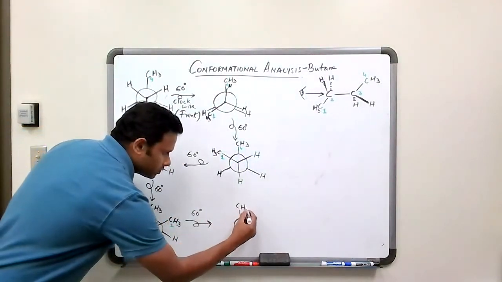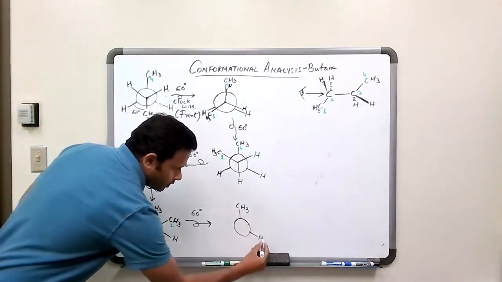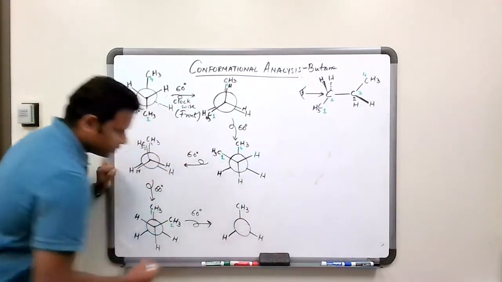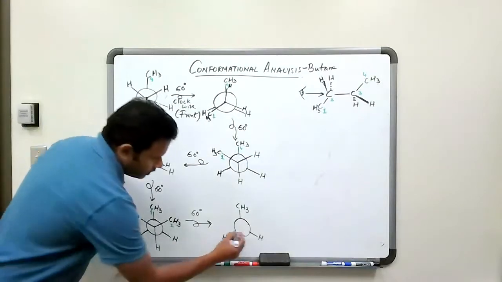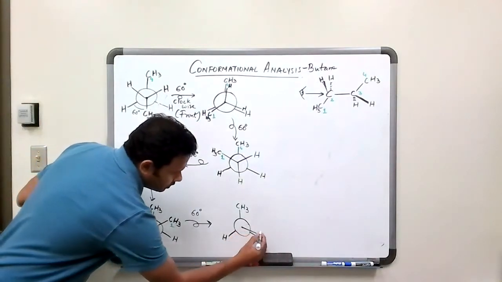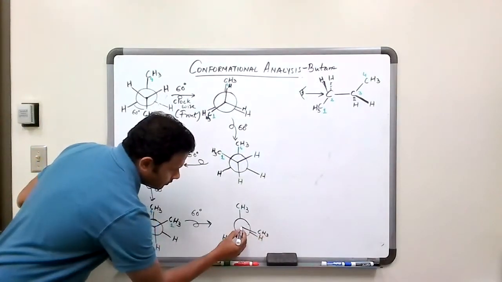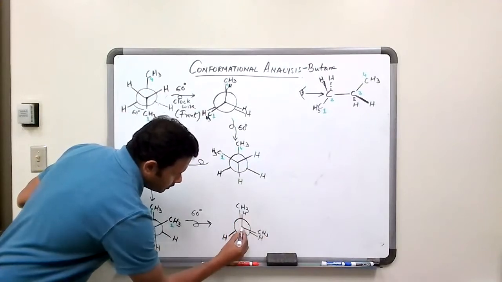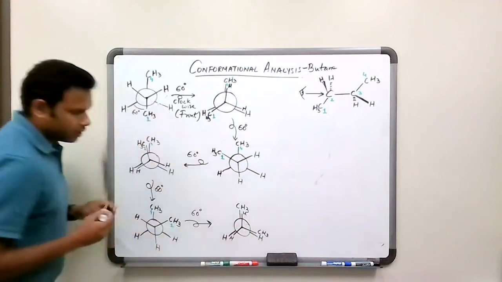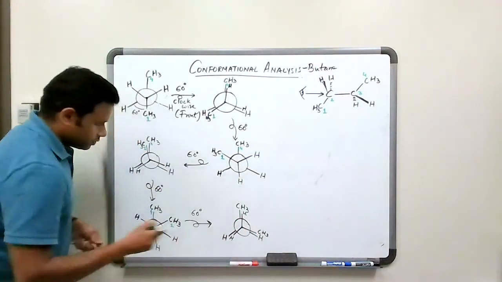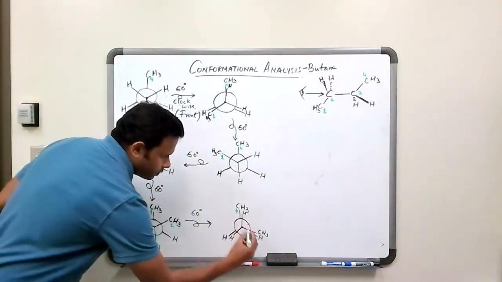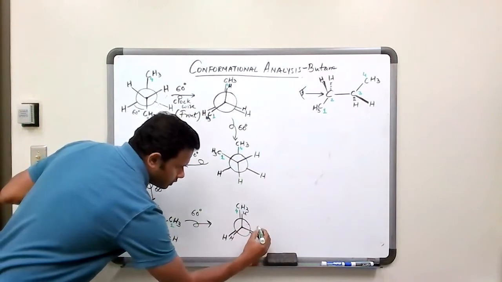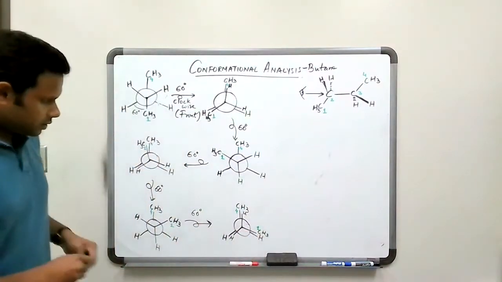So we've got CH3, hydrogen, hydrogen. Okay, and so from this carbon here, we've got CH3, we've got hydrogen, and we've got hydrogen here. We've got C4 over there, and C1 is here.